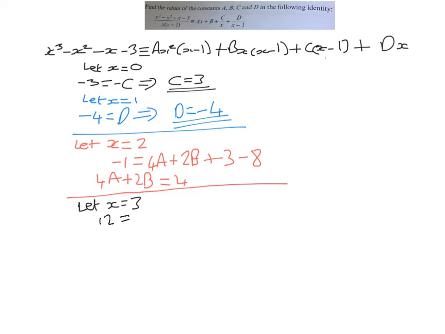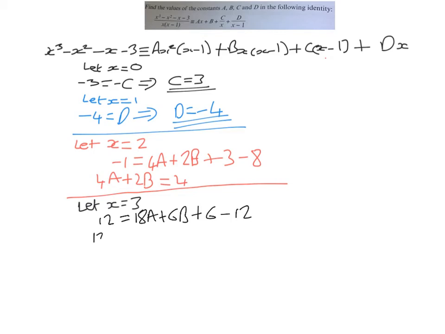I put 3 into the rest of it. For A, I've got 3 squared times 2, so I've got 18A. For B, you've got 3 times 3 minus 1, 6B. And then you've got 3 minus 1, that's 2 lots of C, which is 6. Then D, you've got 3 lots of minus 4, which is minus 12.